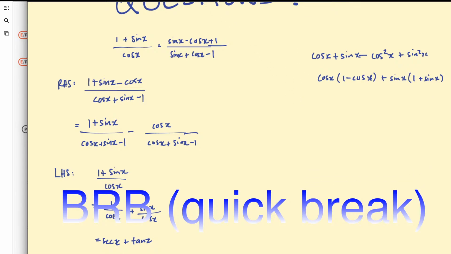That's not helpful. I don't know if the secant and the tangent help me. What if we separate this one out as well?